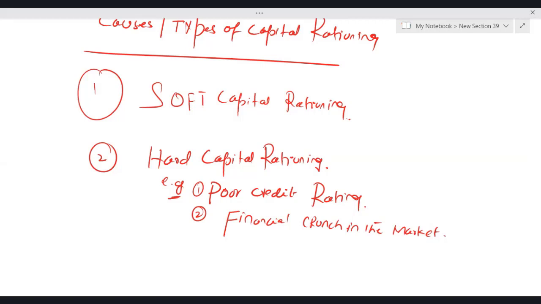Way back in 2008 it happened, a number of banks went bankrupt. So if there's a financial crunch in the market and banks do not have the lending power, your company is willing to take a loan to make an investment, but the banks are saying no, we don't have the lending power. So that is another example of hard capital rationing.